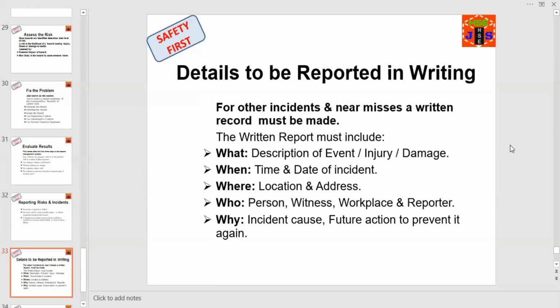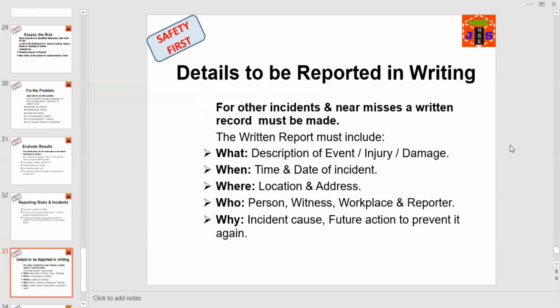How to make a report, or what must be written in a report about the incident or a near miss or accident. At least the following information should be there. What? Description of event, injury or damage. When? Time and date of incident. Where?